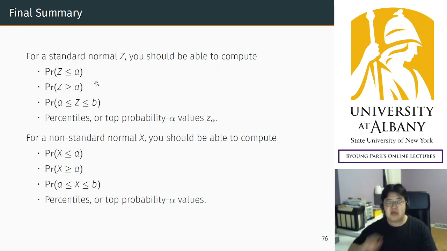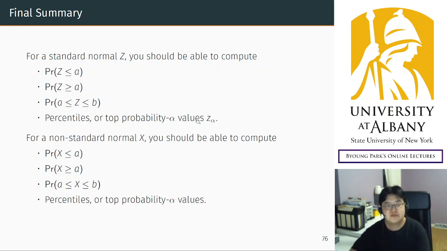So that means if you know the cumulative probability, then you know everything about the whole probability. And then we also learned how to calculate percentiles or top alpha percent value.